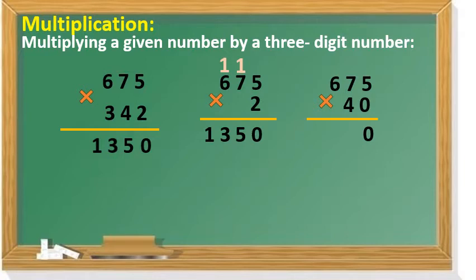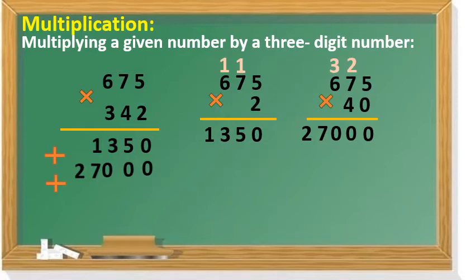Okay? 4 5s are 20. 0 I will write down and 2 carried over. 7 4s are 28 plus 2, that is 30. 0 down and 3 carried over. 6 4s are 24 plus 3, 27. Correct? Okay, this is the answer for 675 multiplied by 40, that we will write below here. Yes. Okay. Now our tens place working is also over.